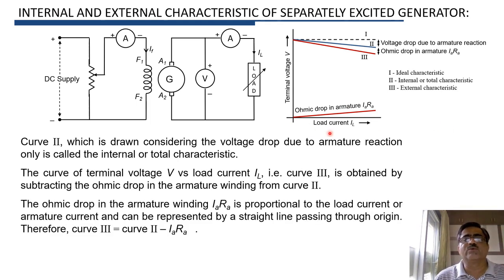If this voltage drop IARA is subtracted from curve 2, then curve 2 minus IARA is nothing but curve 3, and curve 3 is the curve between terminal voltage V and load current IL, which is called the external characteristic of separately excited generator.